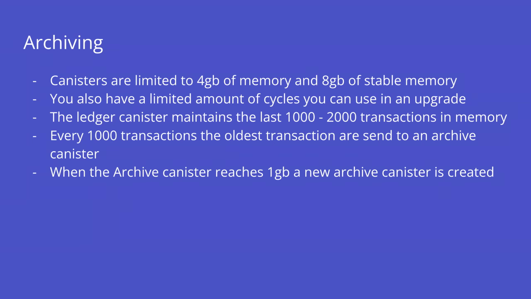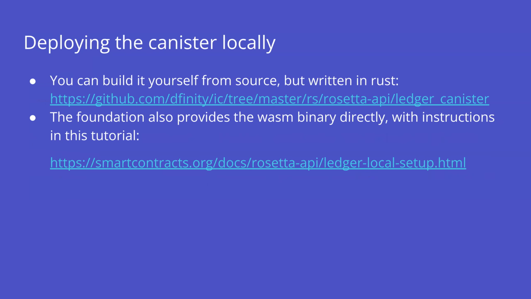So what the ledger canister does is it maintains the last 1,000 to 2,000 transactions in memory, and then every 1,000 transactions it sends the oldest thousand to an archive canister. And when that archive canister reaches about 1 gigabyte, I believe, a new archive canister is created and all transactions are sent to that new archive canister.